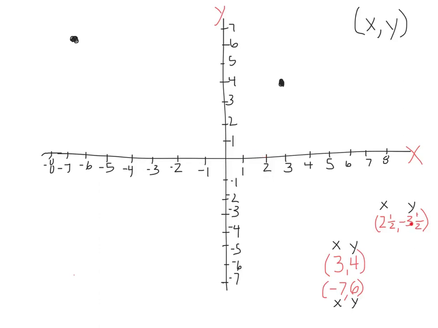Then I go to -3 1/2 on the y. So down here, here's -2, -3, -4. So I know that -3 1/2 comes down more after -3, but not quite to -4. It's going to be right here. So I figure out where this x and this y meet. So that's going to be about right here.